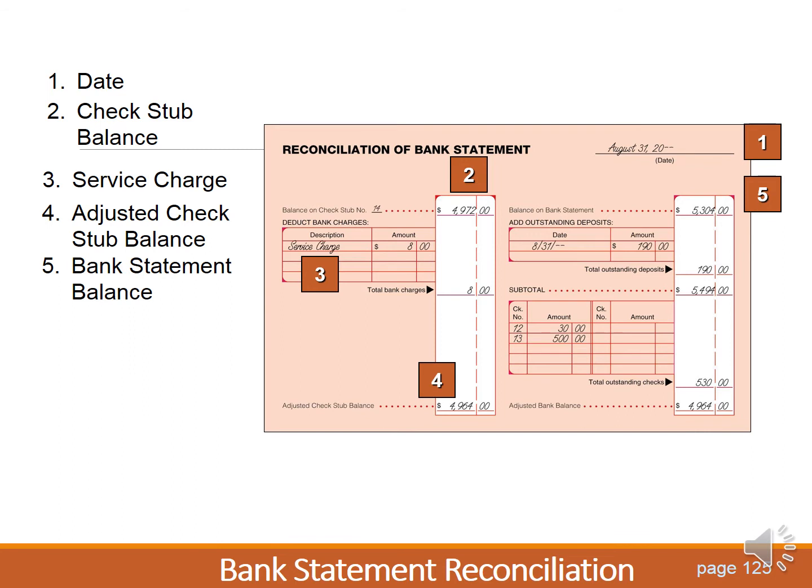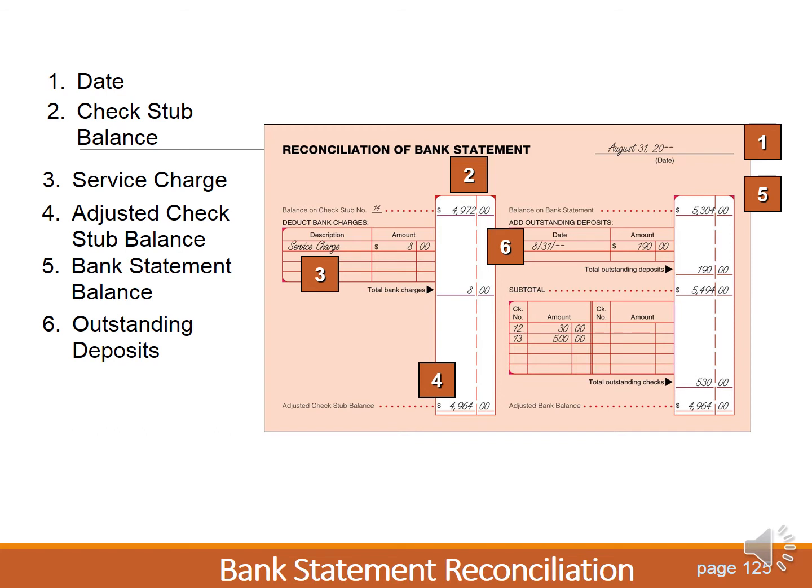Then we will go to the right side of the reconciliation statement, and we will write the balance on the bank statement. This would be the ending balance. Then we go to the add outstanding deposits, and we will list all of our deposits.